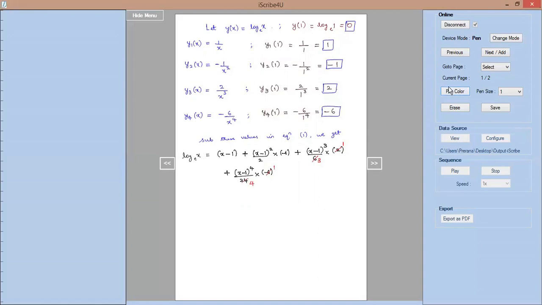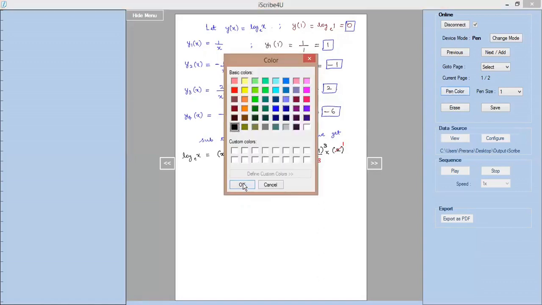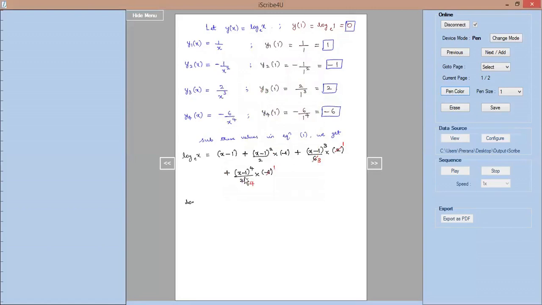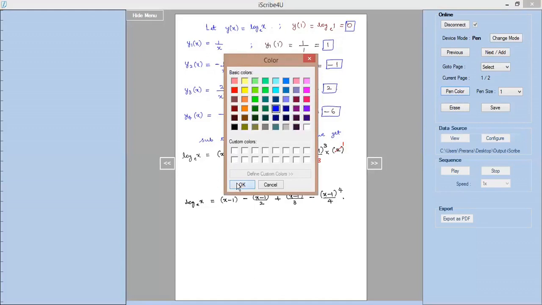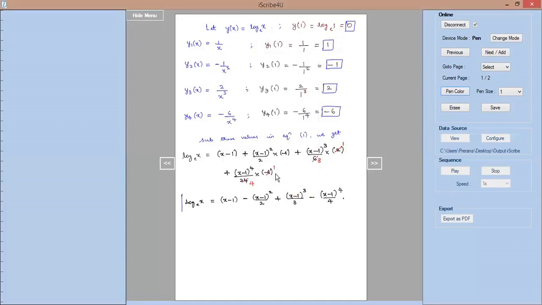So simplifying these things, we can obtain log x to the base e is equal to x minus 1 minus x minus 1 the whole square divided by 2 plus x minus 1 the whole cube divided by 3 minus x minus 1 the whole power 4 divided by 4. This is up to 4th degree term. This is the required expression for log x to the base e using Taylor series expansion about the point x is equal to 1.